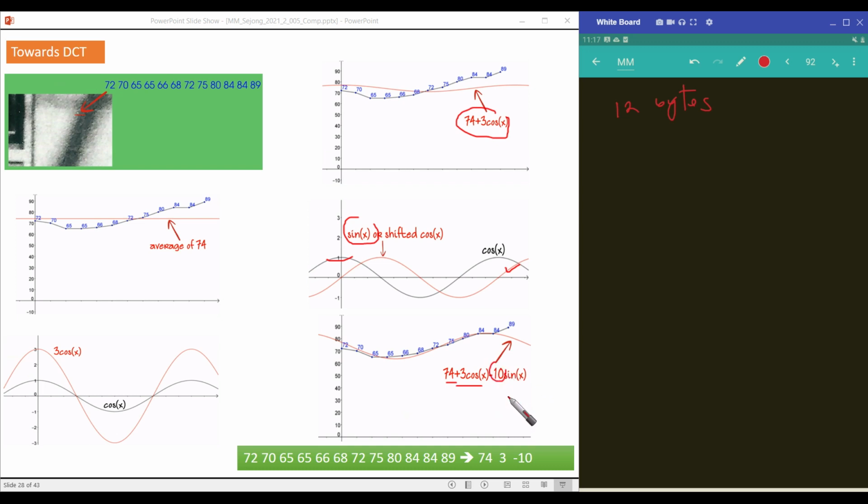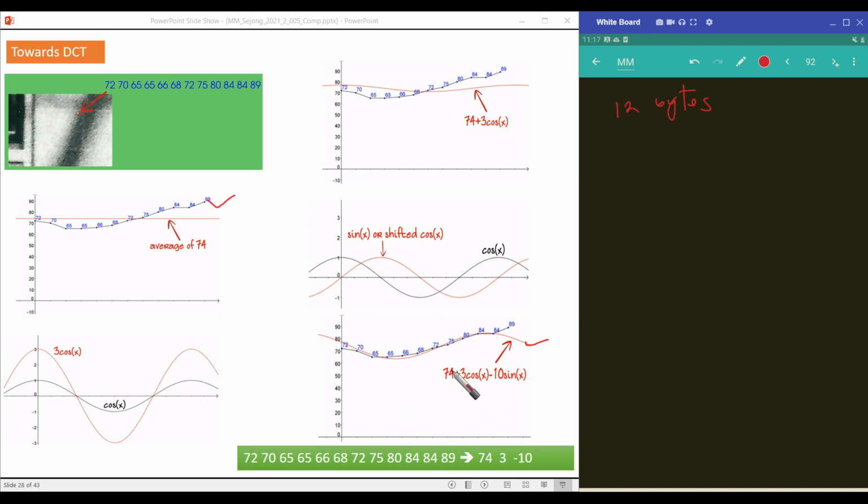So ultimately we end up with 74 plus 3 cos x minus 10 sin x. Then we will have this red line, you see. But think about what I'm trying to say. Now you see this red line almost resembles our original line, right?